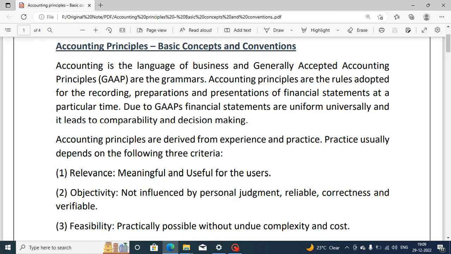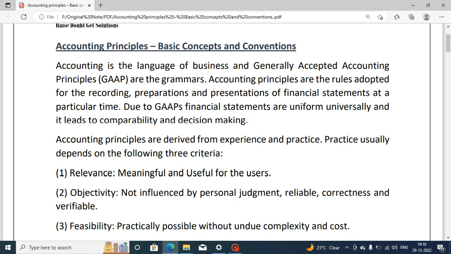So, why should we follow the principles of accounting? To attain uniformity in the financial statements, we have to follow the rules of accounting. Why do we need uniformity in our statements? Because uniformity leads to comparison. If our financial statements are not prepared under equal assumptions or equal concepts, they will not be comparable.